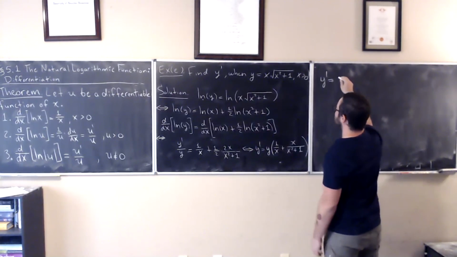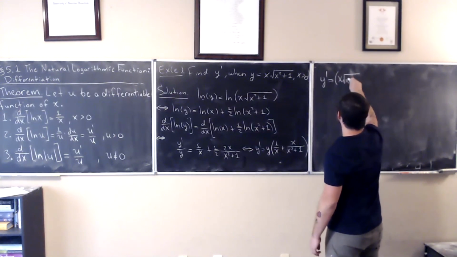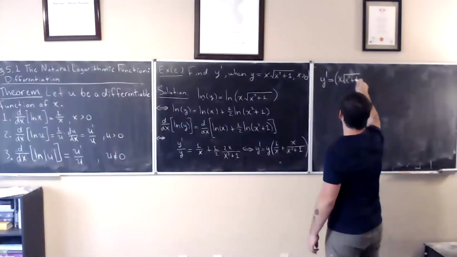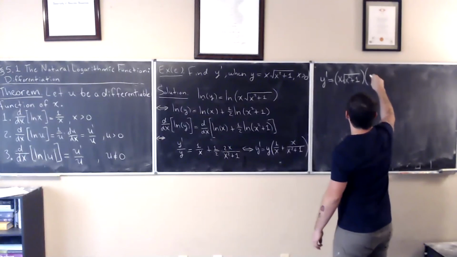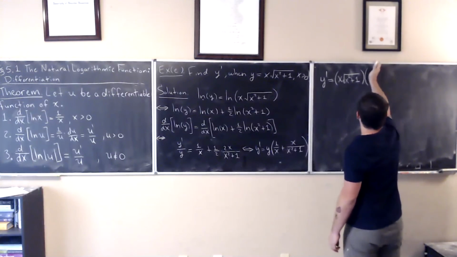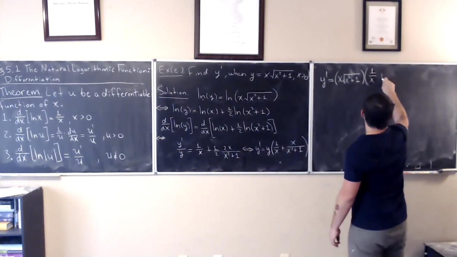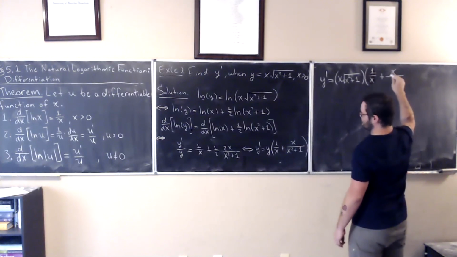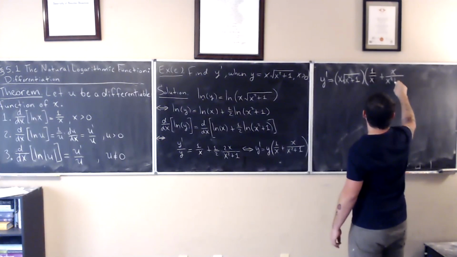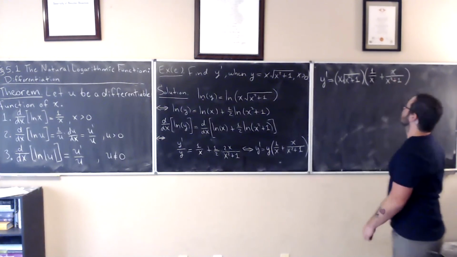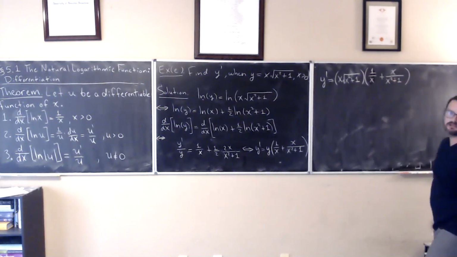So this is going to be x root x squared plus 1 times, oh no, sorry, 1 over x plus x over x squared plus 1, and whatever that evaluates to.